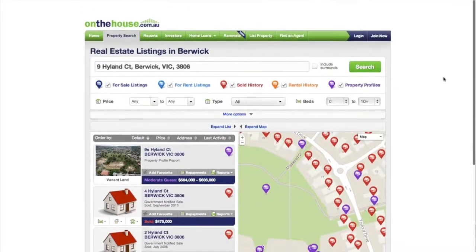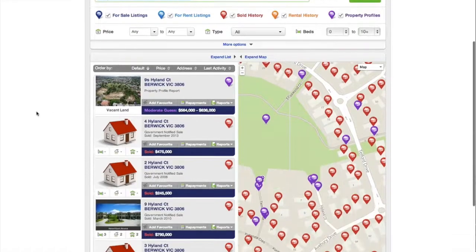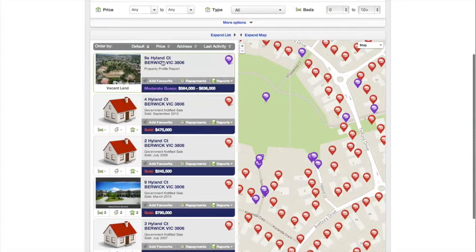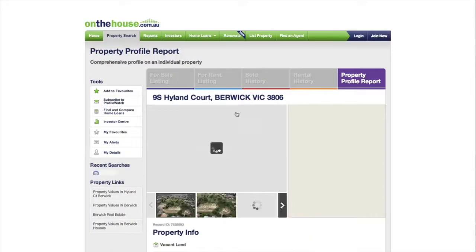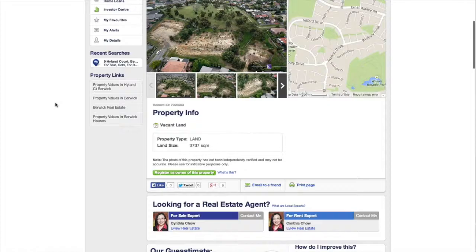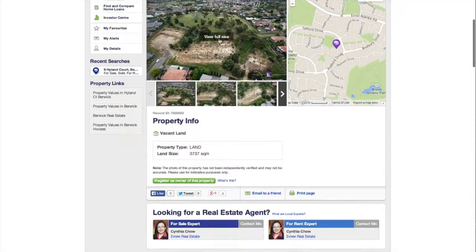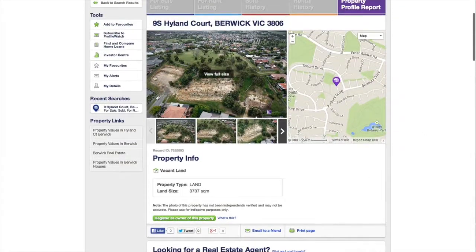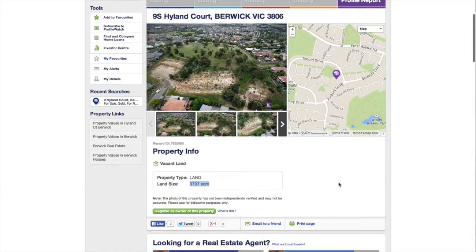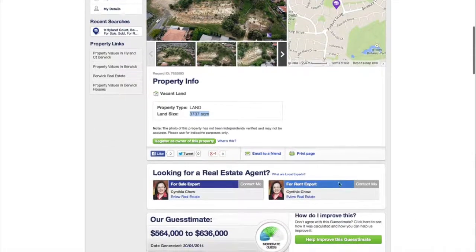The other thing I do, and all this is free so far, is jump on the house site, put in the address, and find out what the valuation of that property would be. Now this isn't very accurate. This is the site I was talking about, which has plans for 7 townhouses, and it's 3,737 square meters.